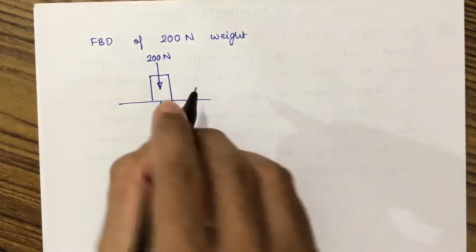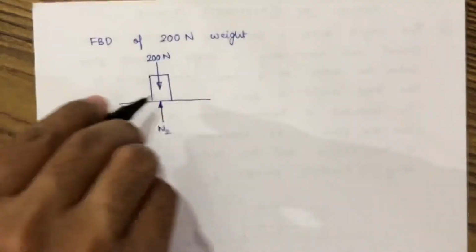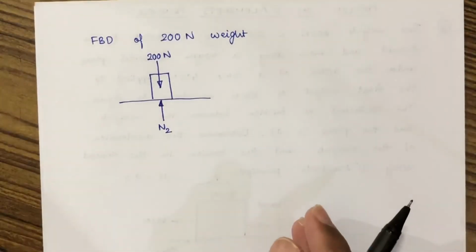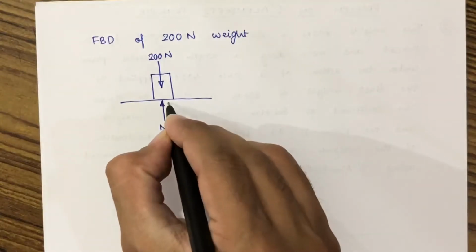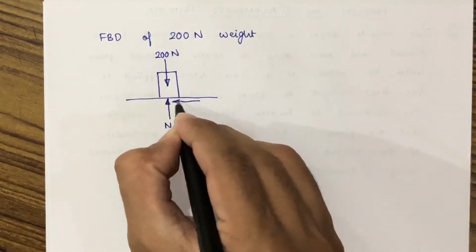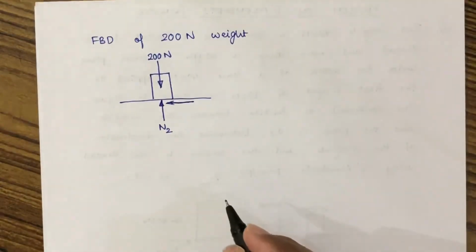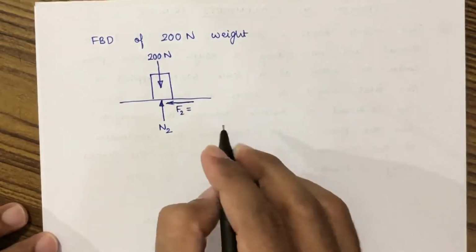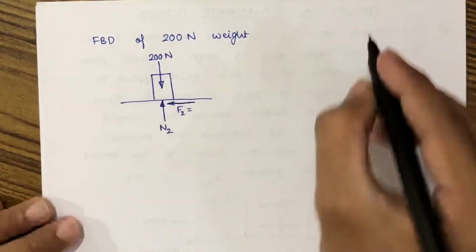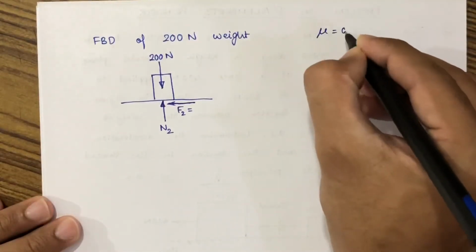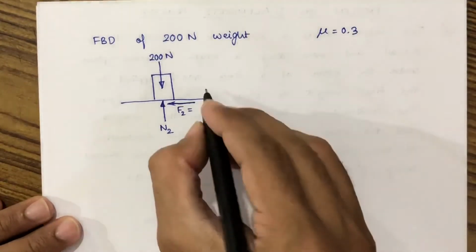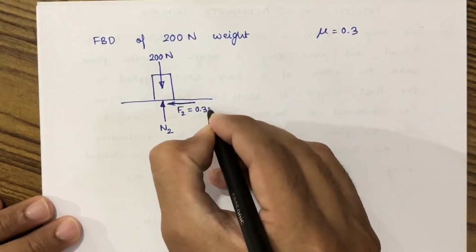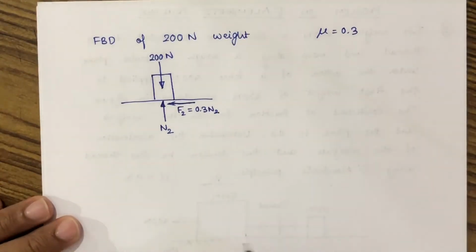And as the block is moving in this direction, the frictional force will act in the opposite direction. This is the frictional force. Let us say that this is F2 is equal to mu into N2. The mu value is already given to us, it is equal to 0.3. So this is 0.3 into N2.